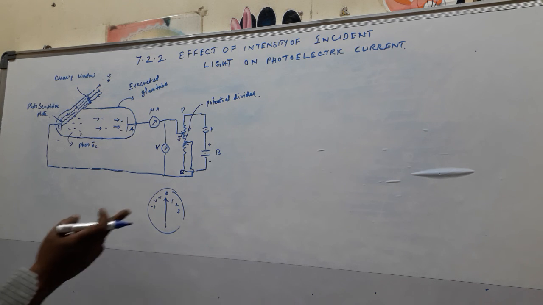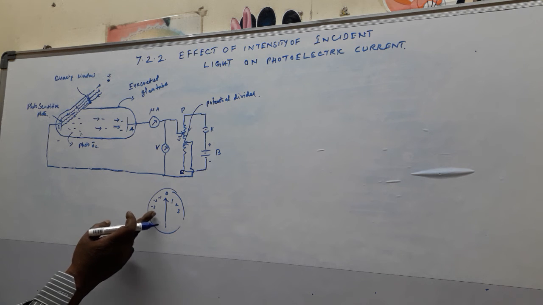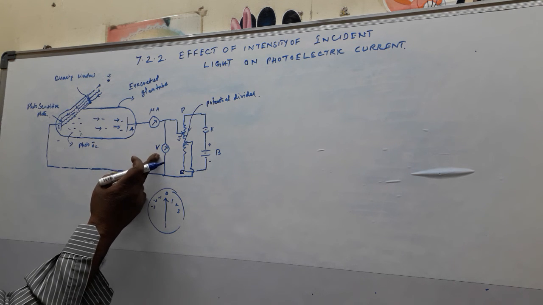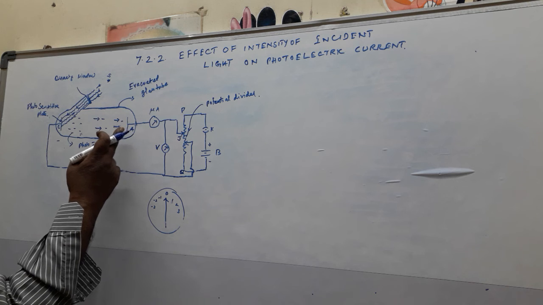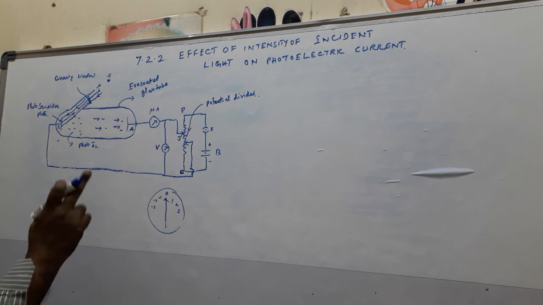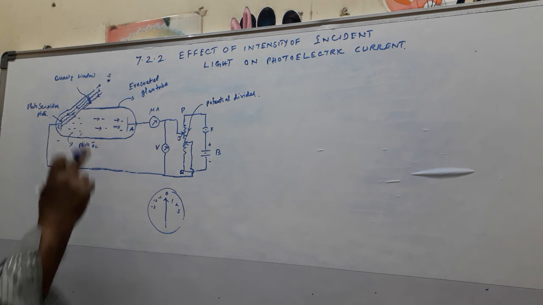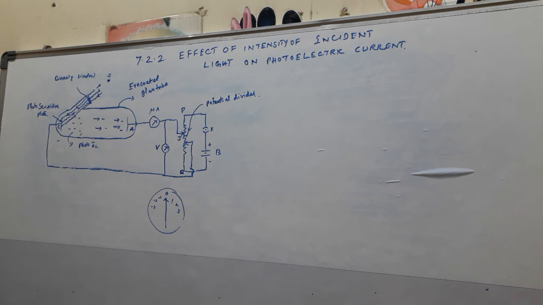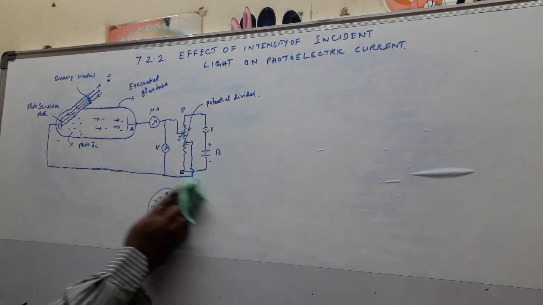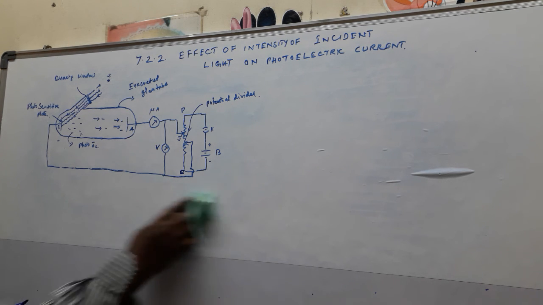Such a voltmeter is connected in between anode and cathode to measure the voltage between C and A. That's a very important apparatus that is useful to study the photoelectric current in a detailed manner. Now, this is the apparatus setup.